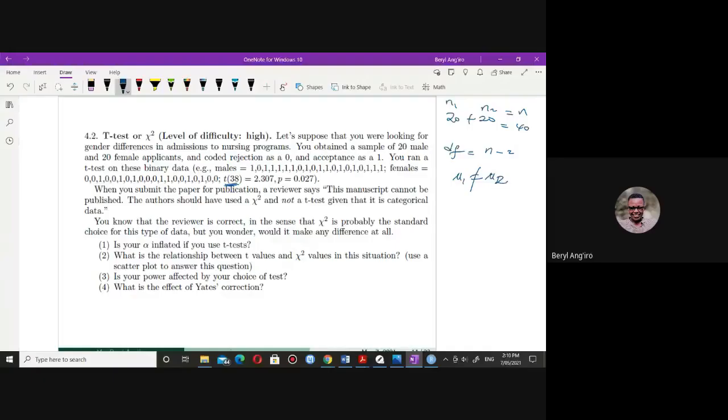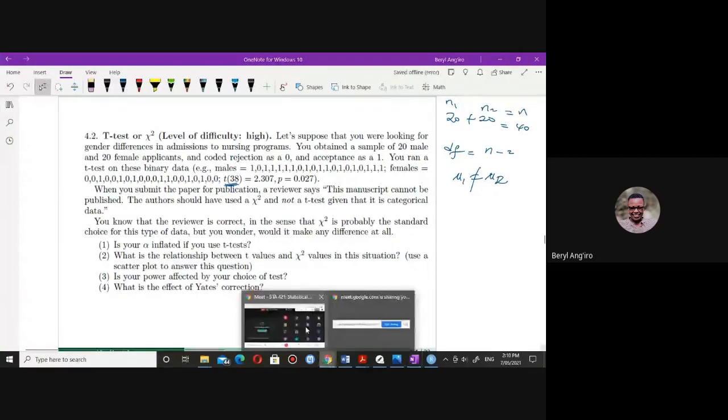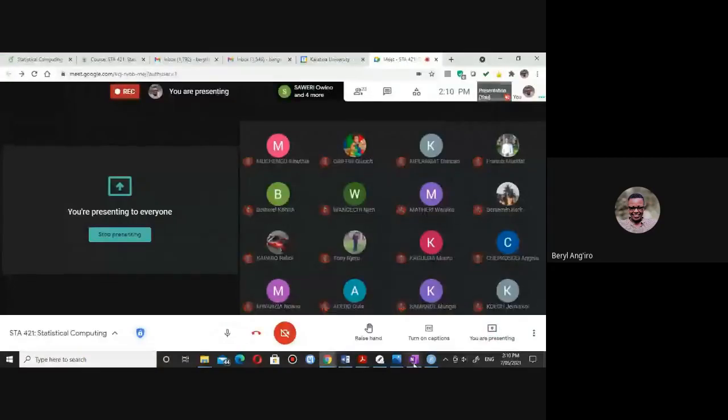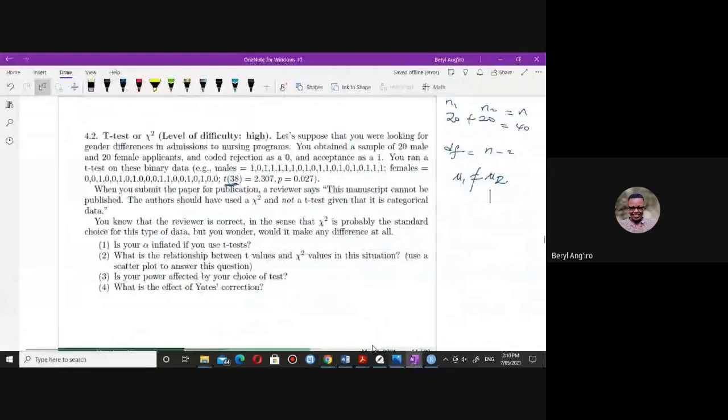Female. So our data is not numeric but categorical. So you should have used the chi-square and not the t-test. So you know that the reviewer is correct in the sense that chi-square is probably the standard choice for this type of data.